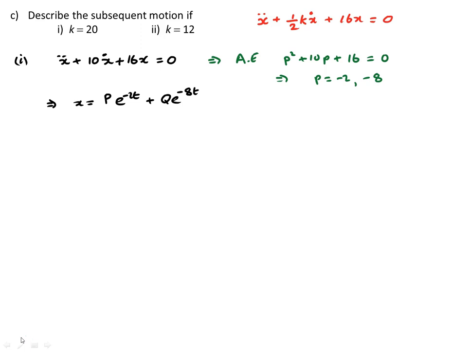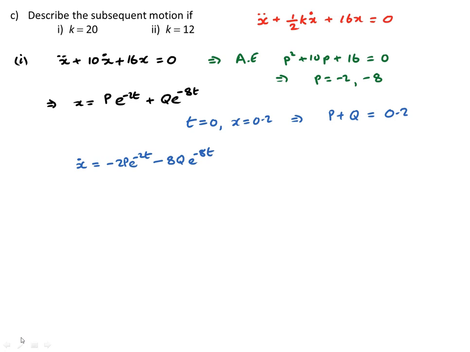Now we've got some initial conditions, and we know that when t equals 0, the value of x is 0.2. So that tells me that P plus Q must equal 0.2. Differentiating the expression for x, we have x dot, or dx/dt, is minus 2P e to the minus 2t minus 8Q e to the minus 8t.